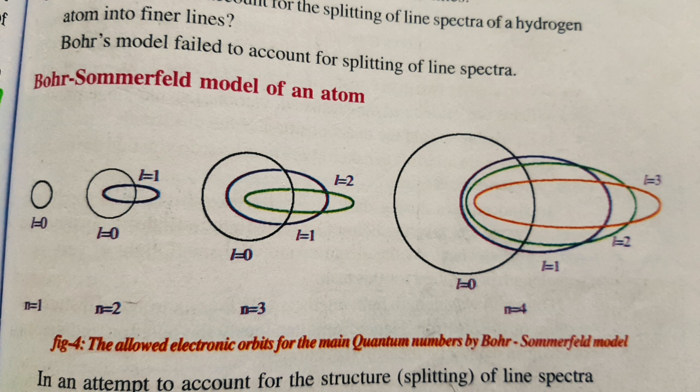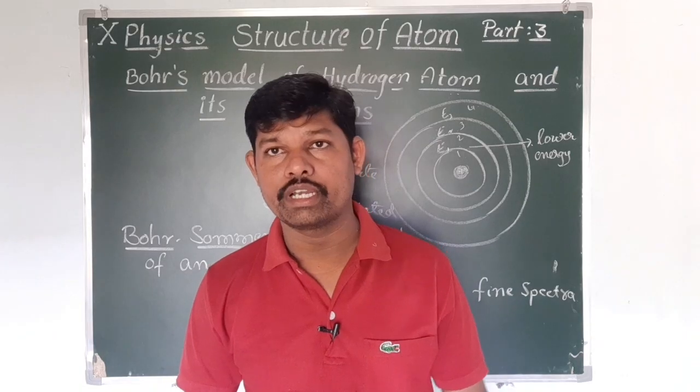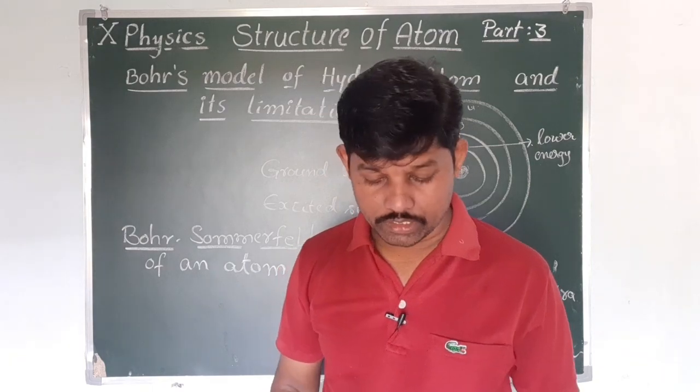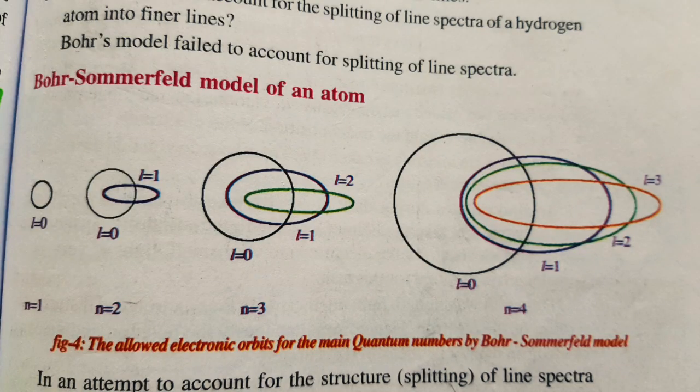While retaining the first circular orbit of Bohr's model as such, he added one elliptical orbit to Bohr's second orbit. So the first orbit stays as it is, there is no elliptical orbit for the first shell, and for the second shell he added one elliptical orbit.